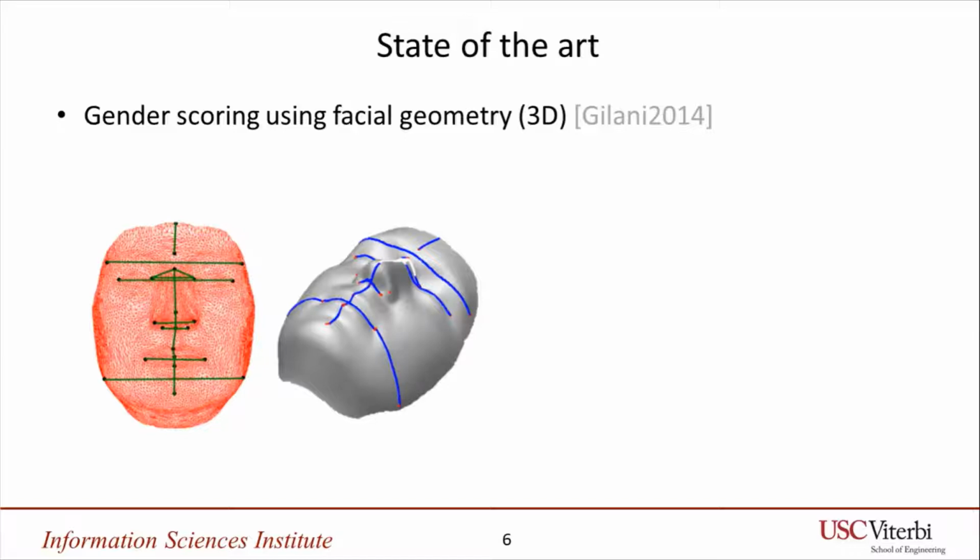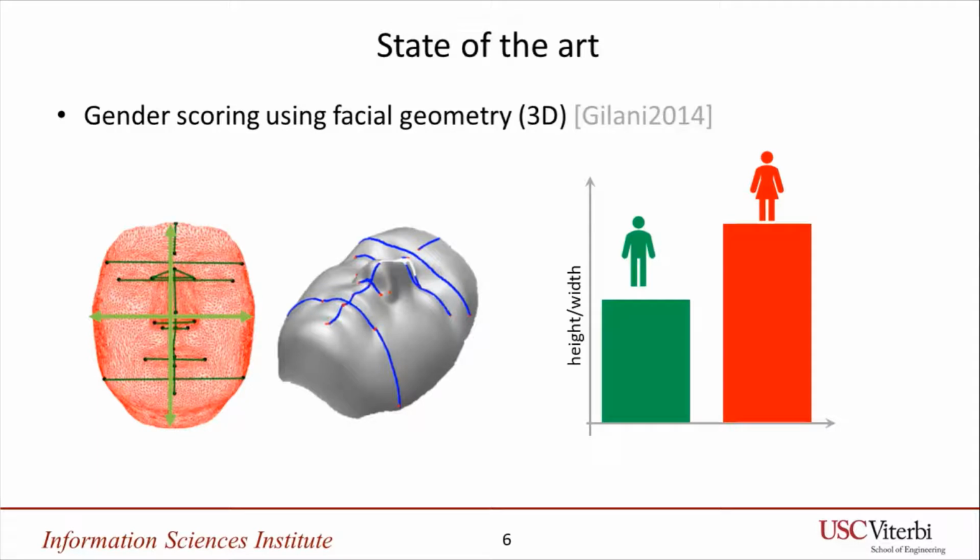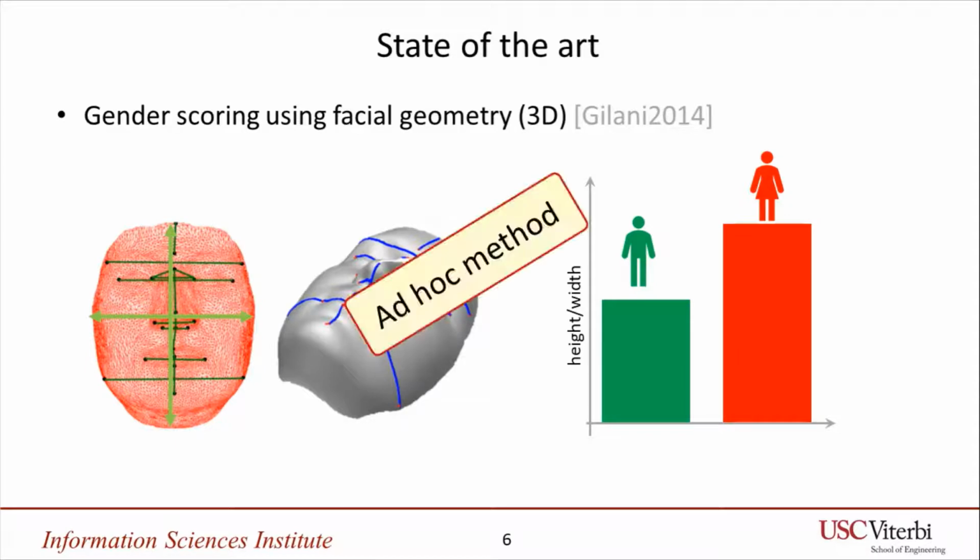And then they design some features, like ratio of height to width of the faces. And they show that for female and male, these ratios are different. But these techniques are ad hoc, and there is no guarantee that those handcrafted features are the optimal features.